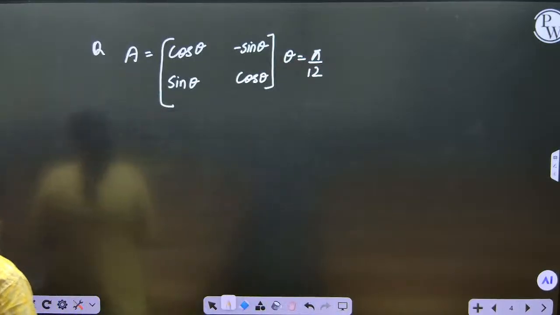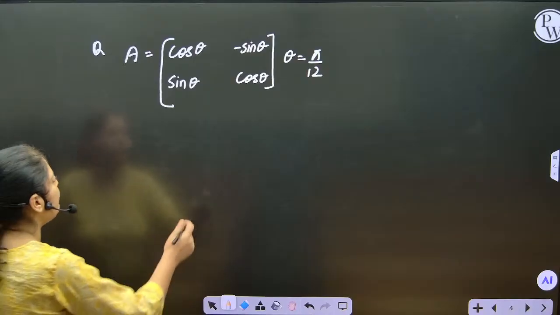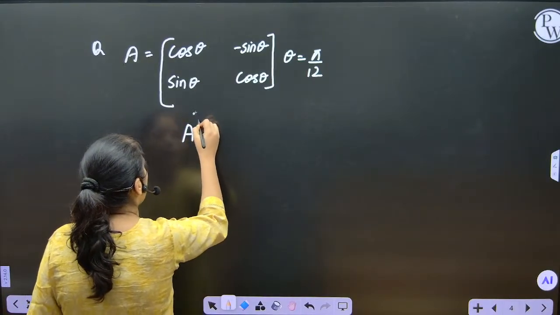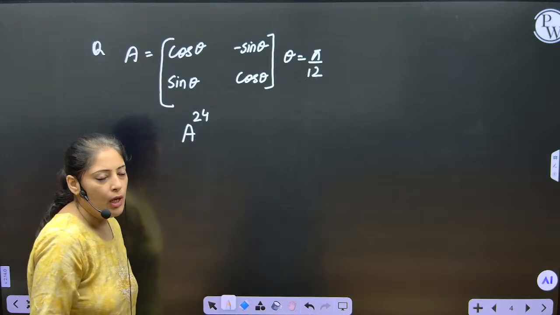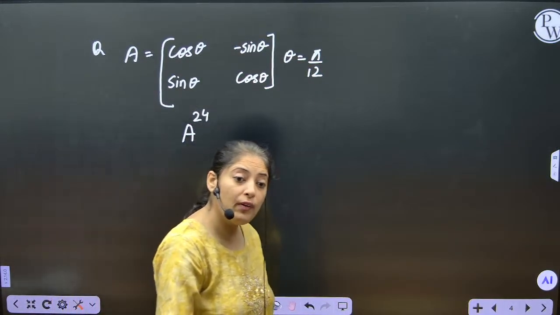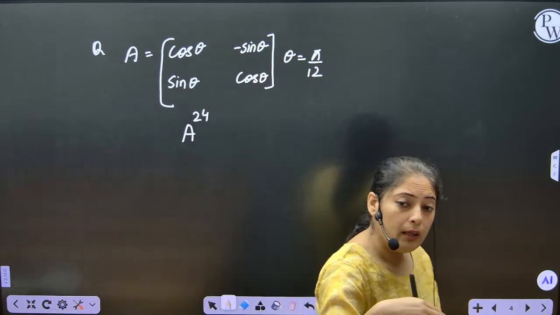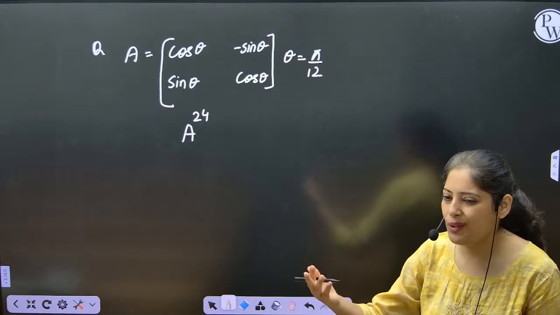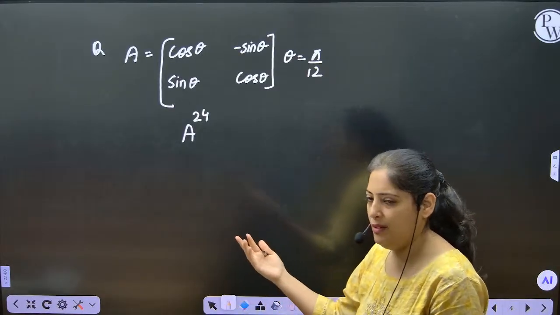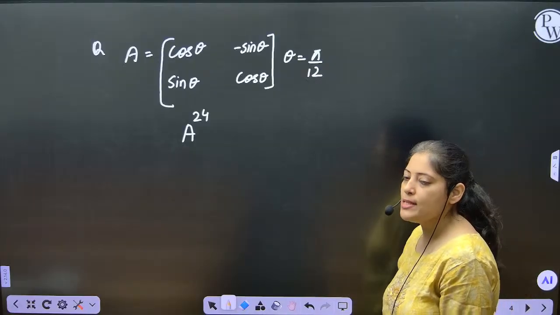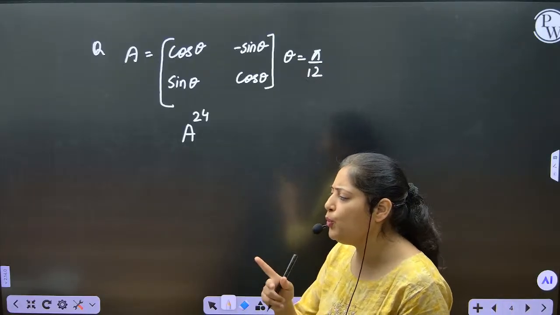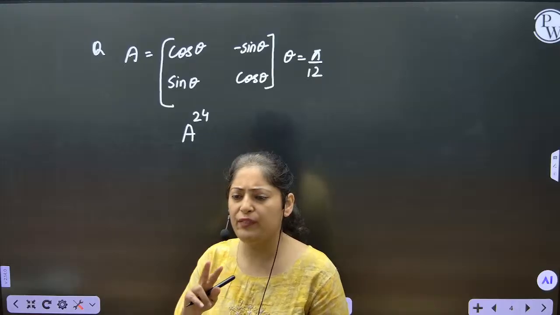And what he is asking now is to find the value of A raised to power 24. That means we have to find till A23 into A. That is not possible. So for 2 or 3 power we can do.